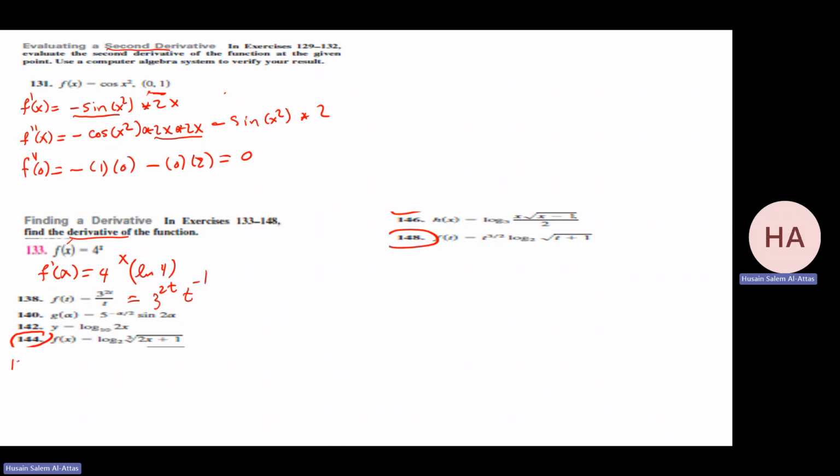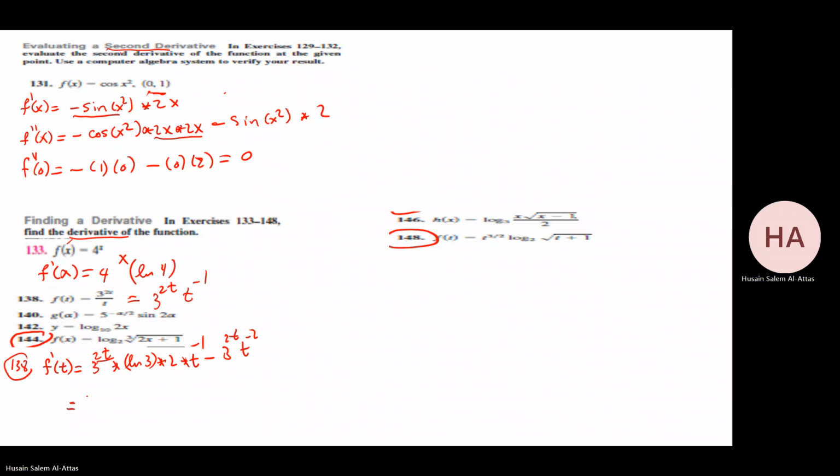So 138. What will be f prime at t? It will be 3 to the power 2t times ln 3, derivative of this, times 2 times t to the power minus 1, minus 3 to the power 2t times t to the power minus 2. So I can simplify it.